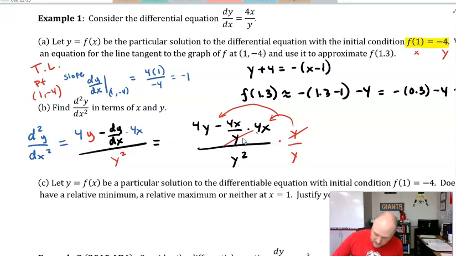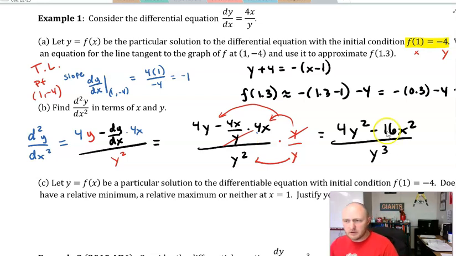We end up getting 4y squared minus 4x times 4x, which would just give us 16x squared, all divided by, and then we multiply in the denominator as well, and we get y cubed. So that would be another alternate form that you may see.